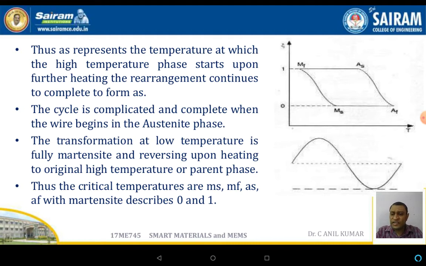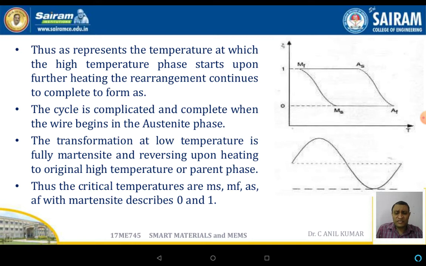Upon further heating, the rearrangement continues to complete to form austenite start. The cycle is complete when the wire begins at the austenite phase. The transformation at low temperature is fully martensite, reversing upon heating to the original high temperature, which is the parent phase.